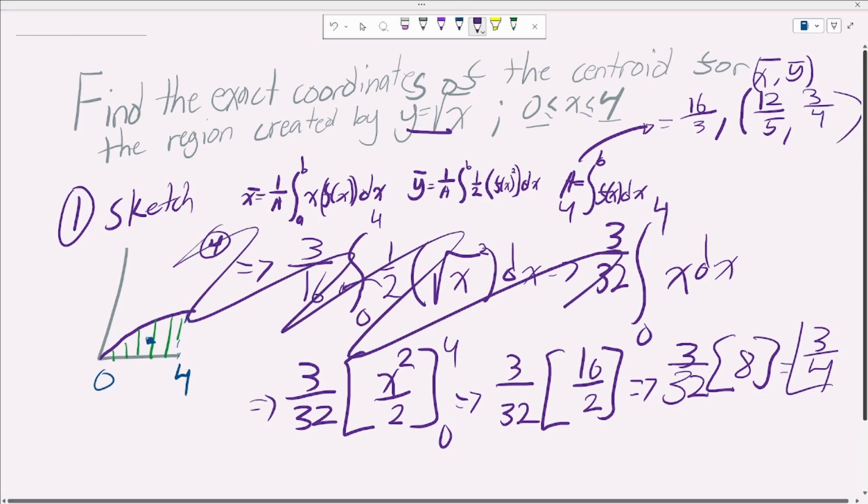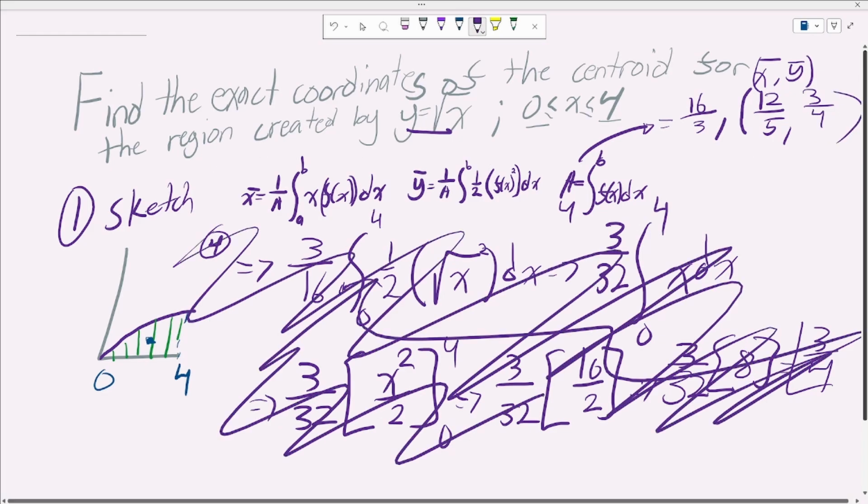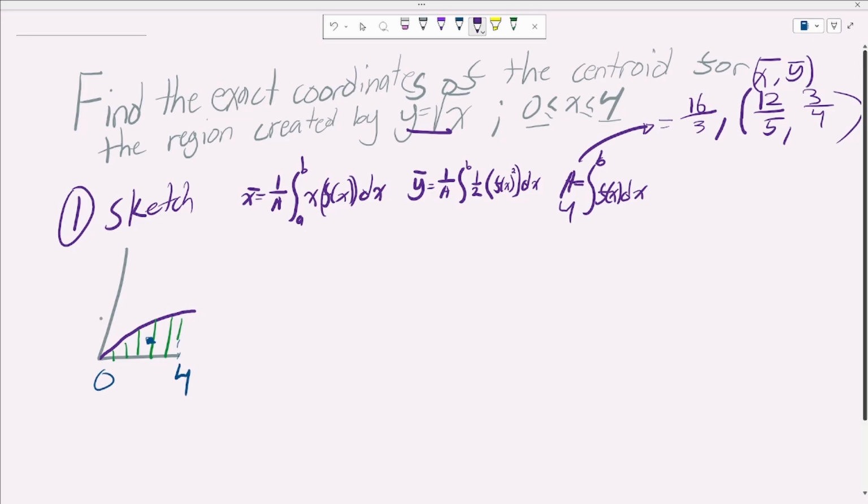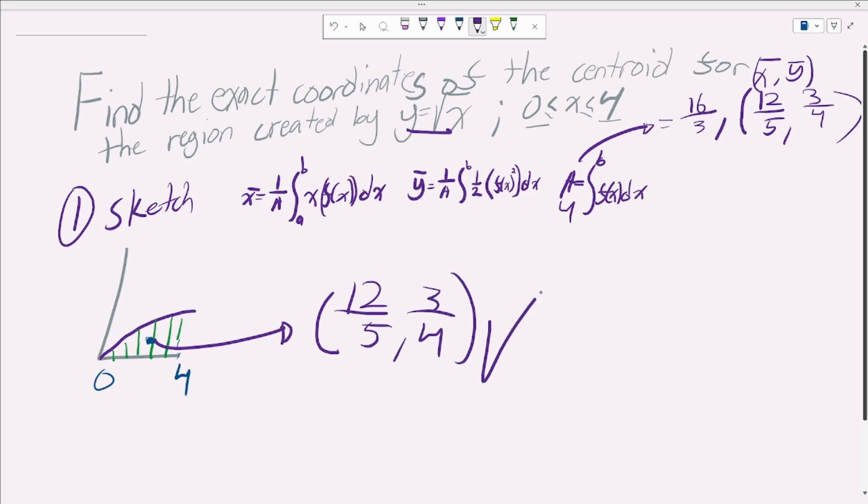So now, what we've concluded with all our calculus is that this point right here is going to be equal to 12/5, 3/4. And that's our centroid.